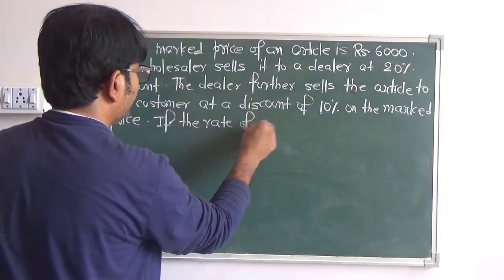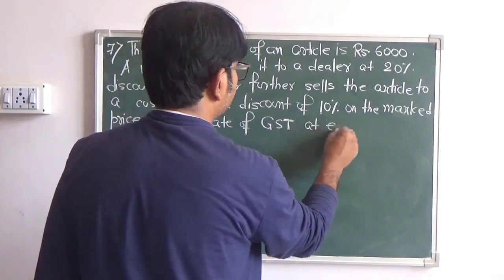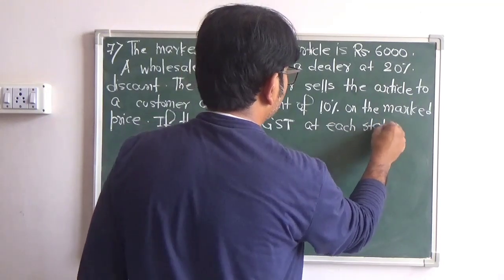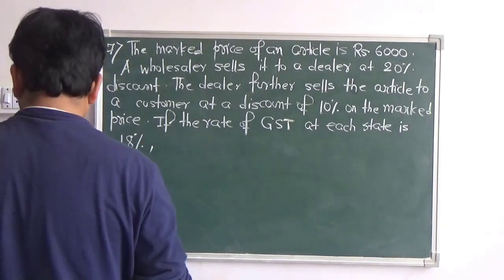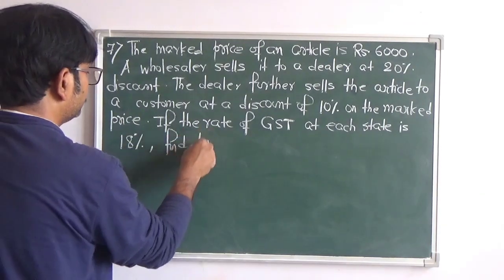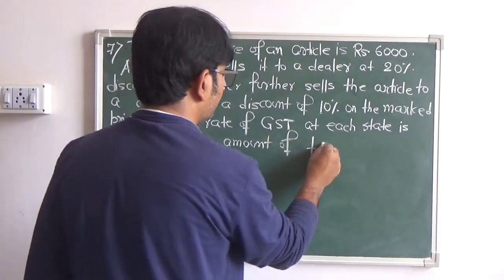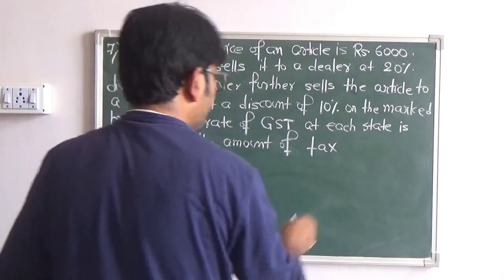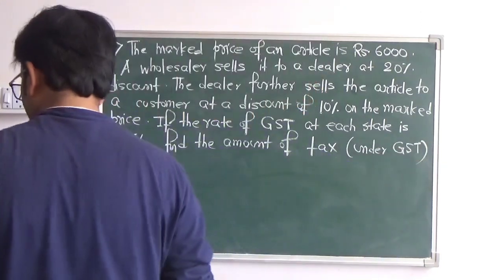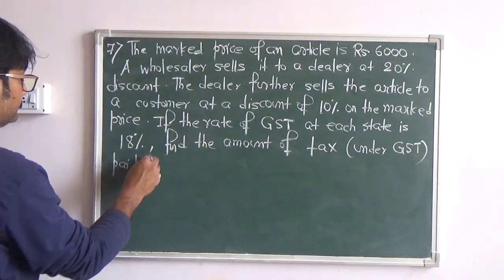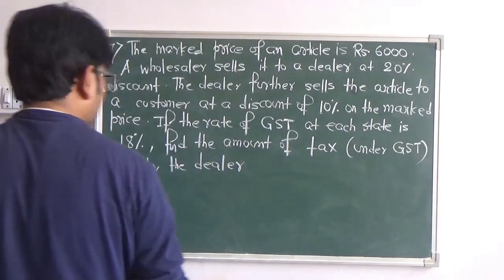If the rate of GST at each stage is 18%, find the amount of tax under GST paid by the dealer to the government.